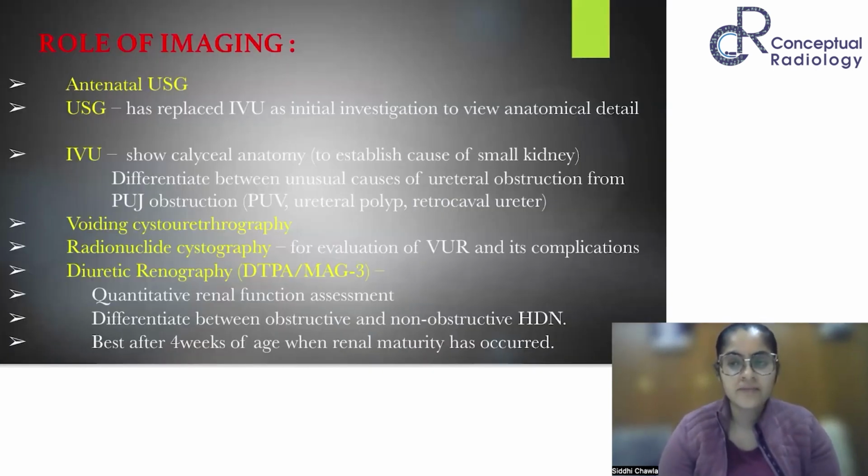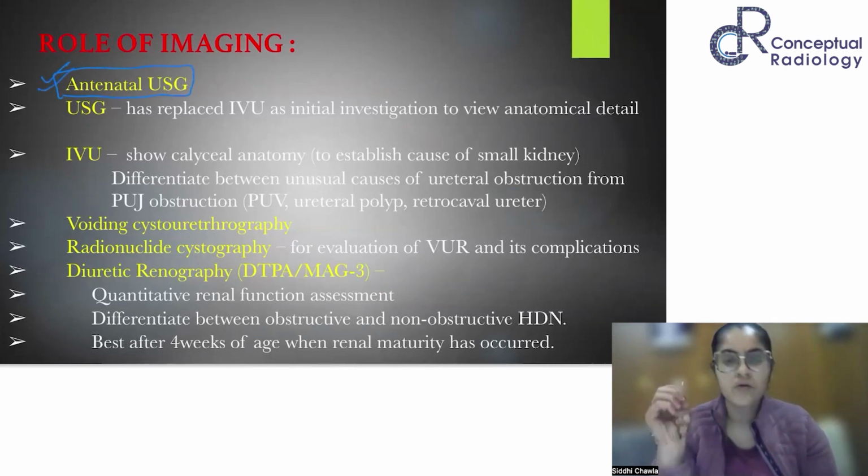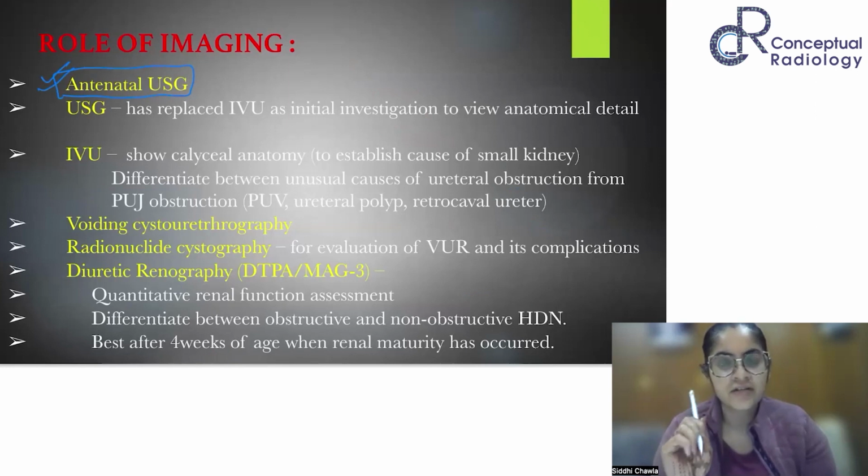Coming to the role of imaging. Antenatal USG is very important. Why? Because most of these pathologies can be detected antenatally if we are doing a proper level 2 scan. I would advise all of you that whenever you do any kind of obstetric scan at any age, kindly look at the kidneys for any abnormality, because it has implications for the mother.